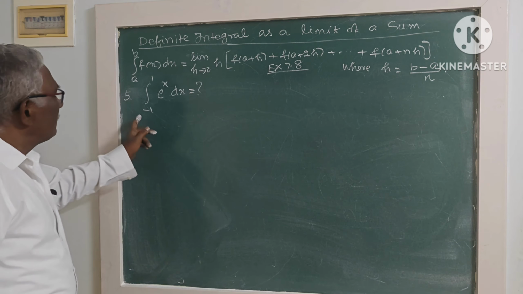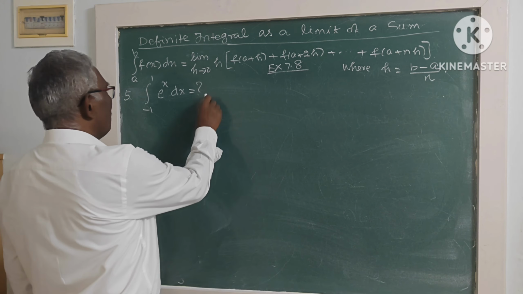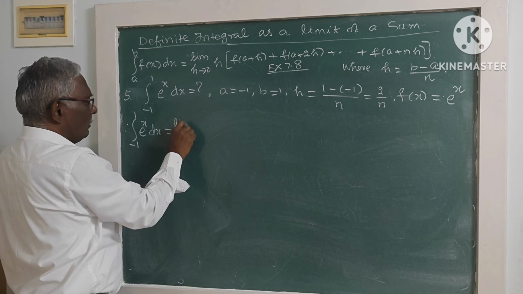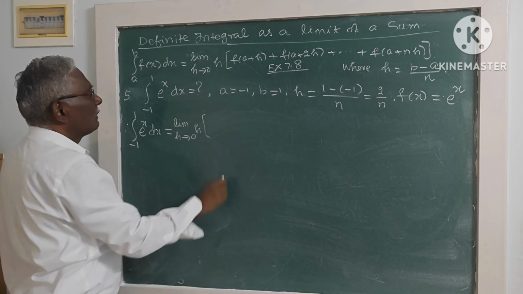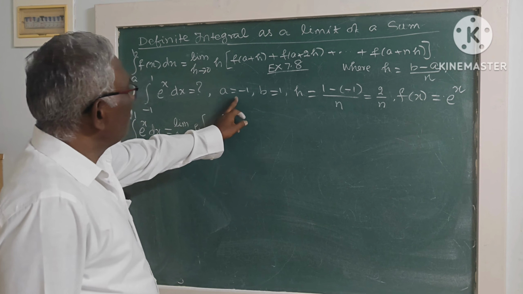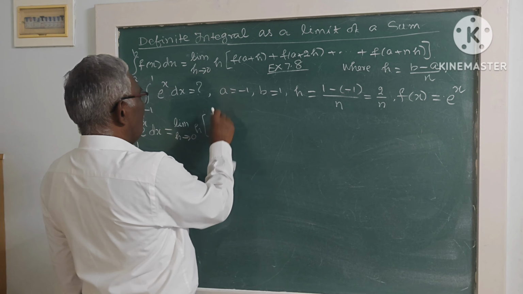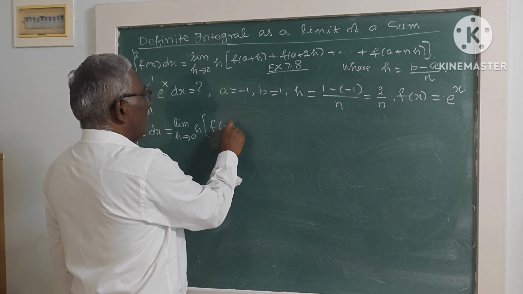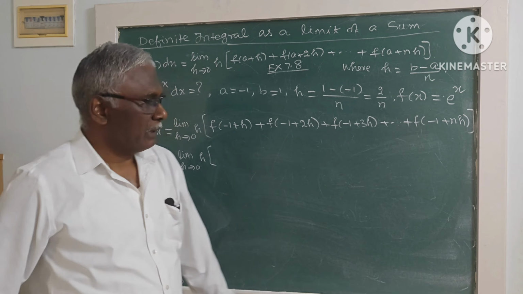On comparing this integral with the definition of definite integral, we get limit h tends to 0, h, a is what? Minus 1. So wherever a is there, put minus 1. So f of minus 1 plus h. What is f of x? e power x.